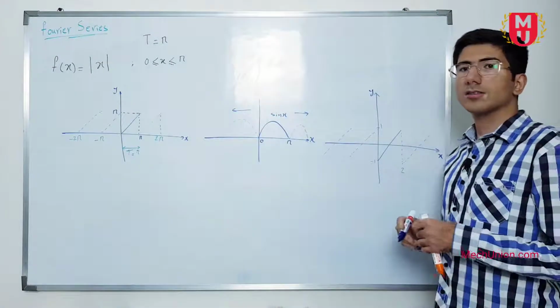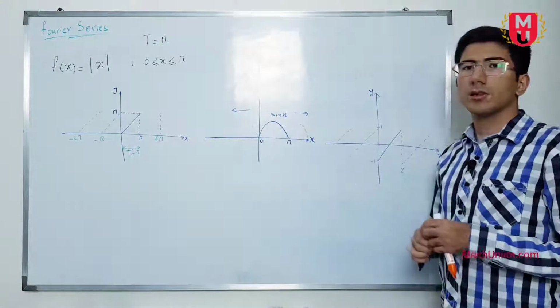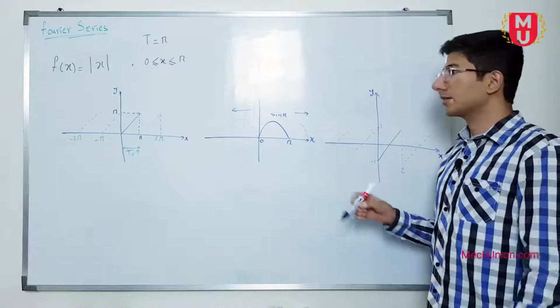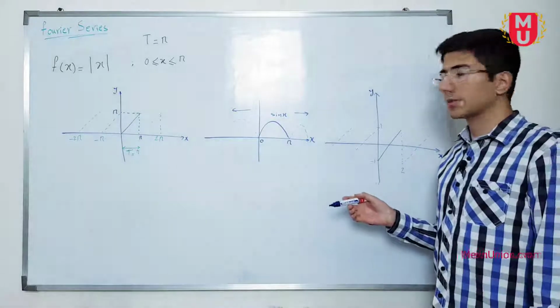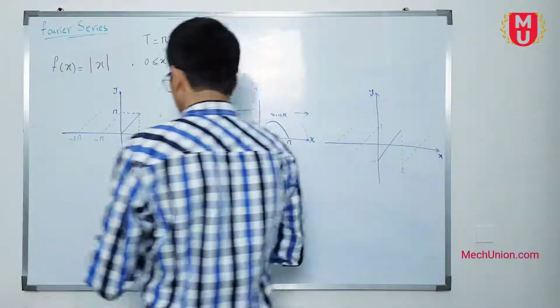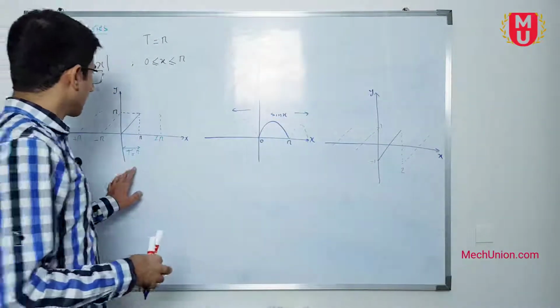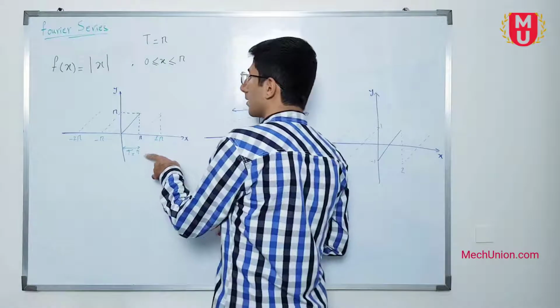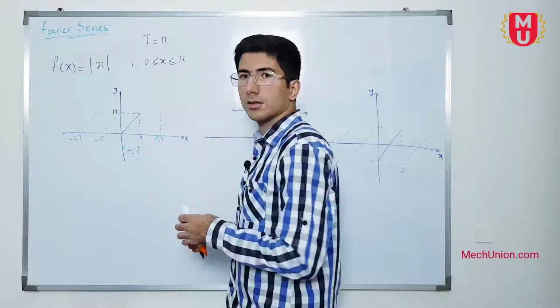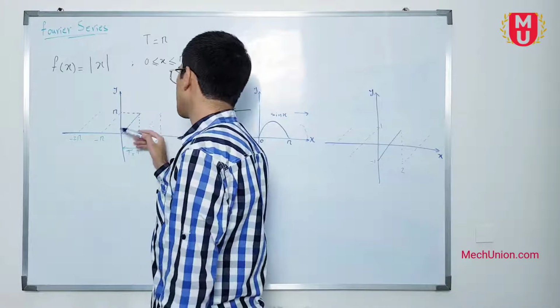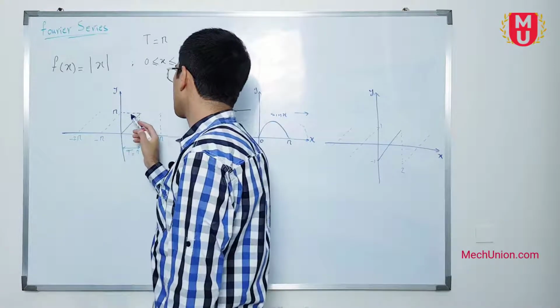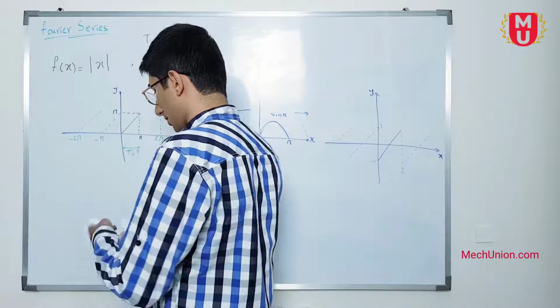Okay, as a conclusion, I want to tell you 3 kinds of this Fourier problem that you will face. I call this not even, not odd expansion. This function is not an even and not an odd function.